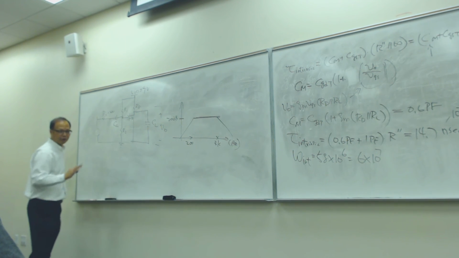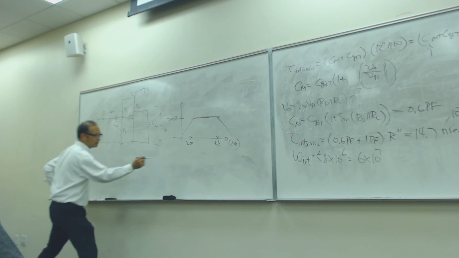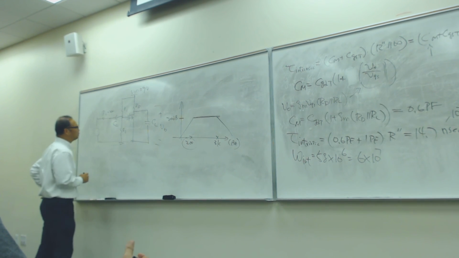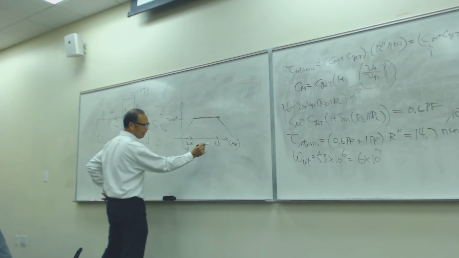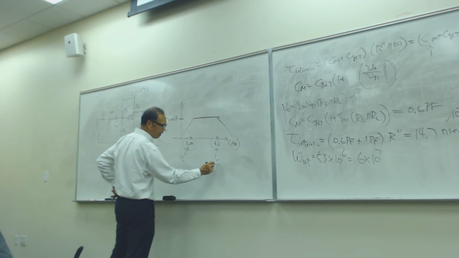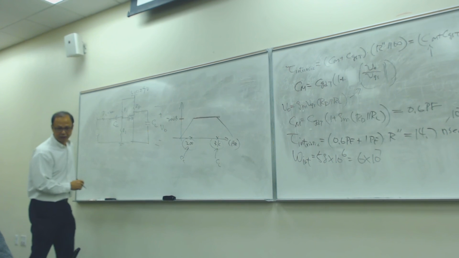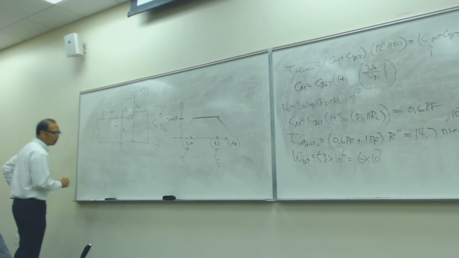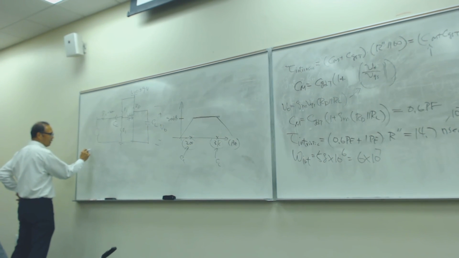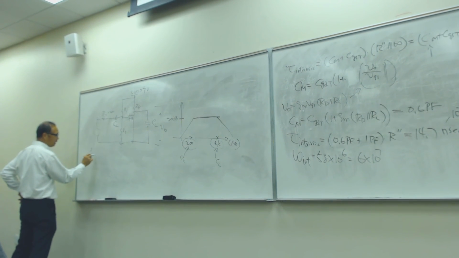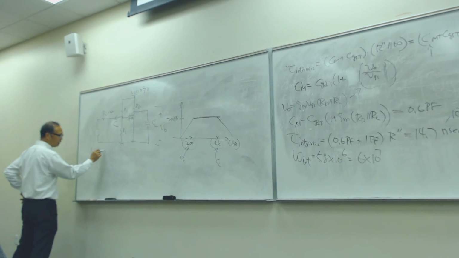Let me go through this very quickly. Basically, this one is associated with C sub C, correct? And this one is associated with C sub L. You know that. So that means f associated with C sub C is 200 hertz.